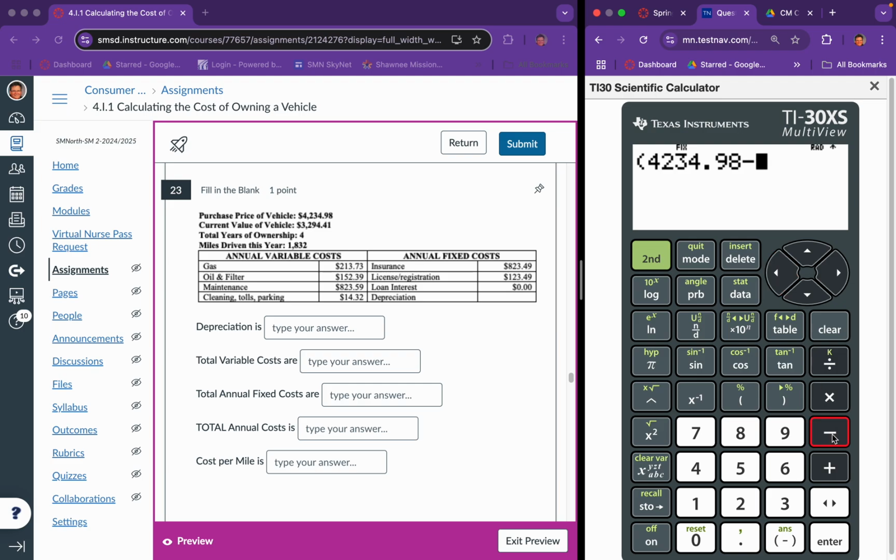So if you go to Kelley Blue Book and you look to see the value of your car, it'll say the value of your car is $3,294. So we're going to say $3,294.41. That's how much your car is worth. We're going to put a parenthesis there. So this is what you paid for the car minus the value of the car. Then we're going to divide it by how many years you've owned the car.